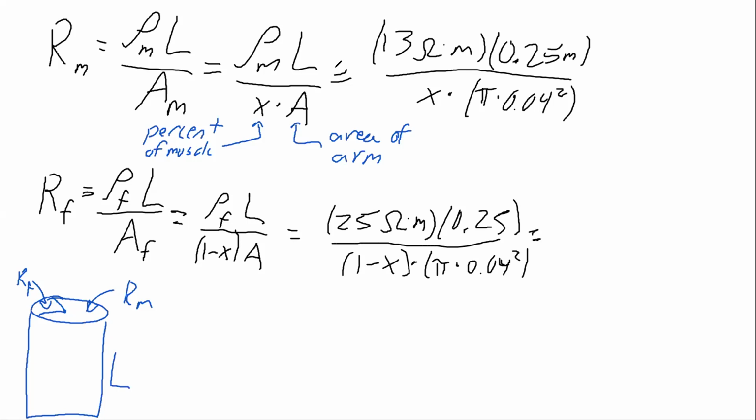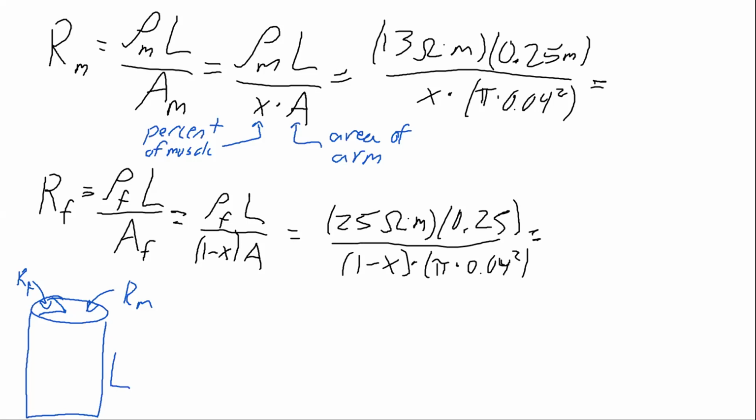I'm just plugging my numbers into my equation for resistance. So let's do the calculation: 13 times 0.25 divided by pi times 0.04 squared.